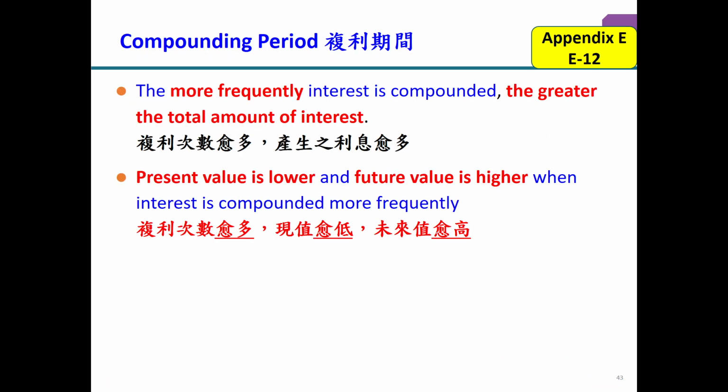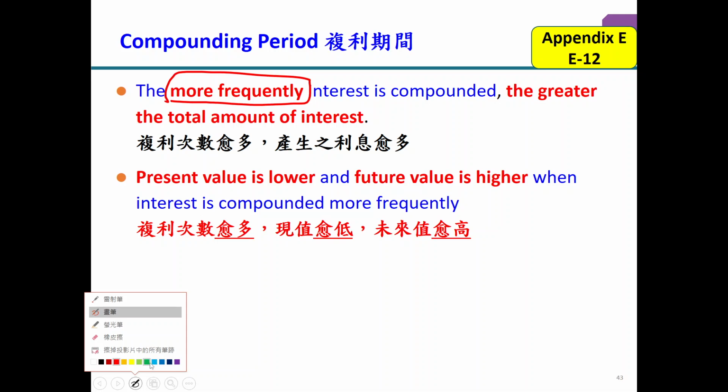Here we show you on slide page 43. Compounding more, present value less, future value higher. 复利次数越多，现值越低，未来值越高。Why? Compounding more times, okay, more frequently means N is more.